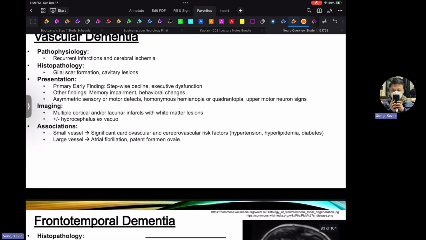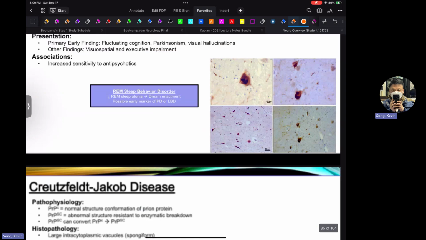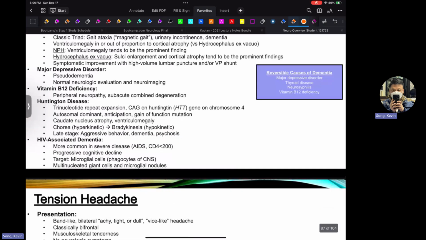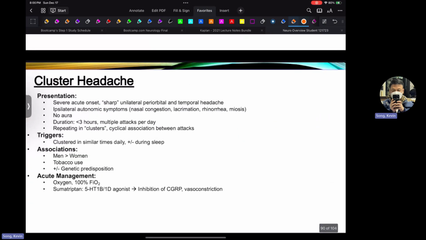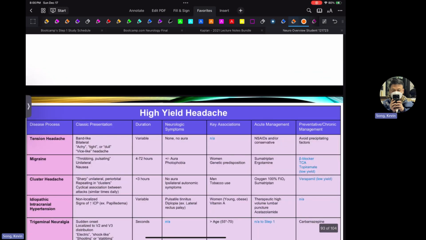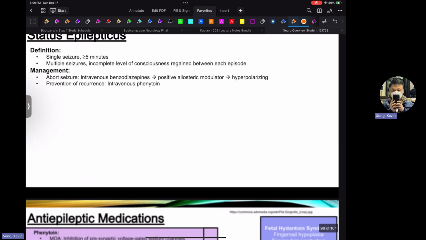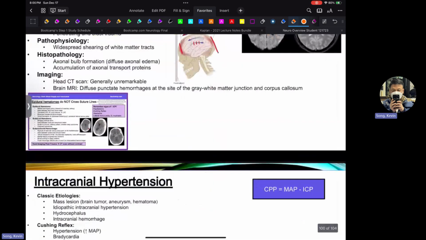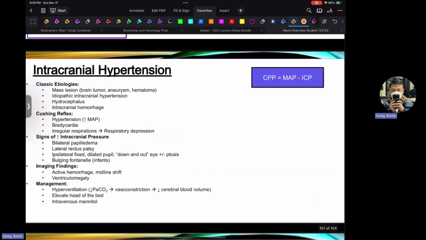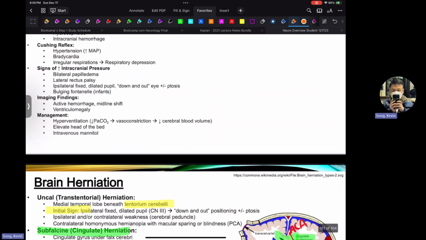Okay, so dementia is of course important. And let me see, migraine, headache, and focal seizure. Those are all very important things. The topics on here will be on your exam. All of this will be covered in Med 3.